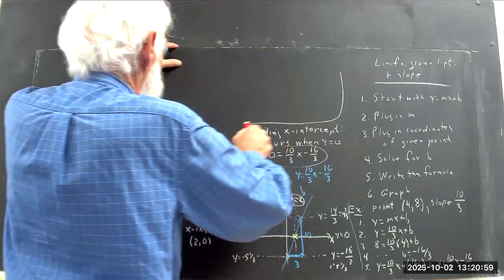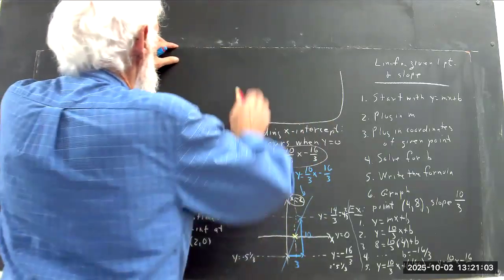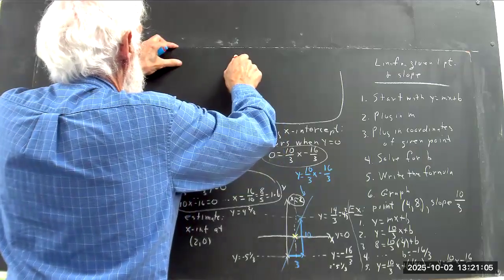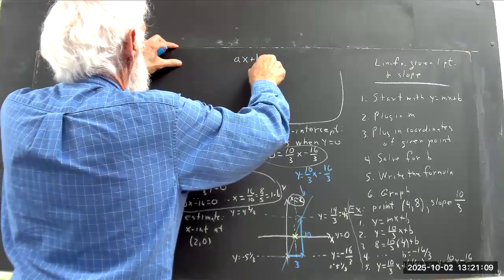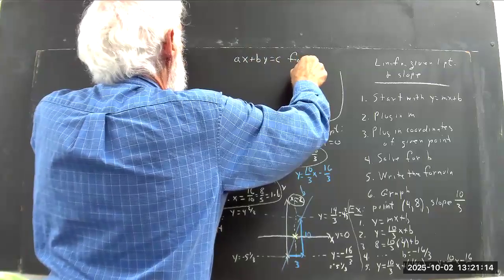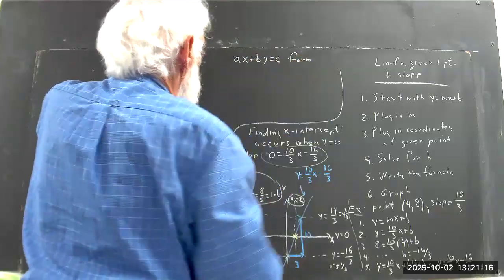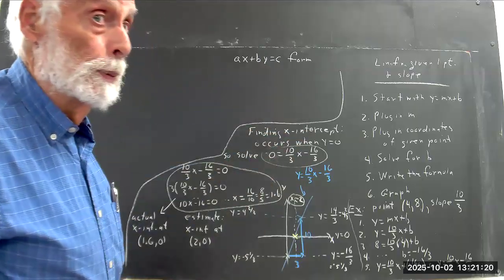Okay, so things are a little bit haywire, disorganized. I'm going to start here. You can have the ax plus by equals c form of the equation.